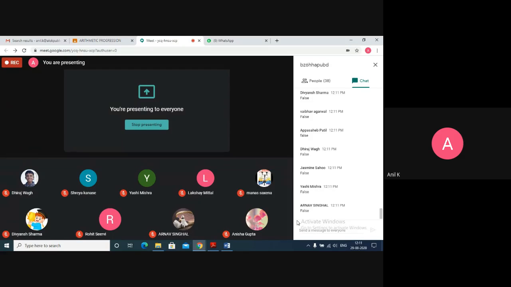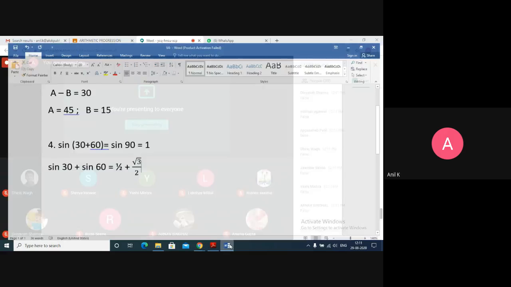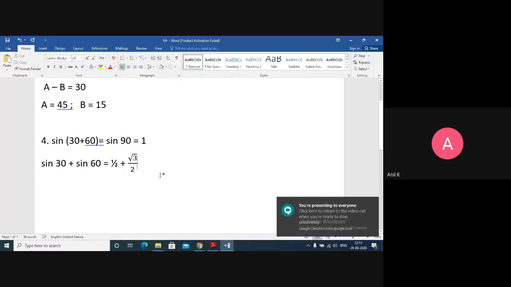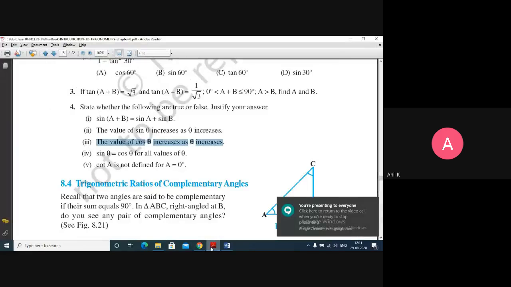I am talking only about 0 to 90 degrees. Beyond 90 degrees, you have to study in class 11th math. So for the time being, we'll say it is a false statement within 0 to 90 degrees.